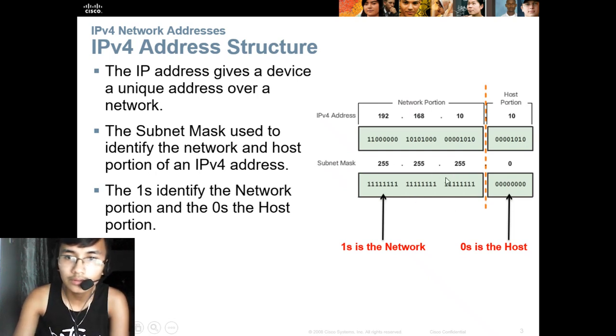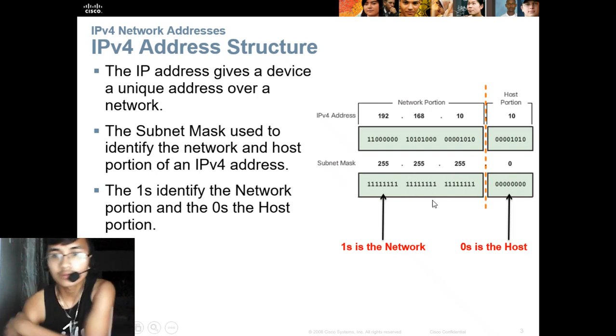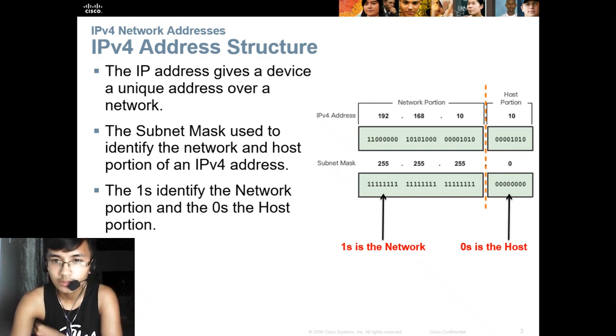The first three octets with ones are the network portion, while the zeros at the end, the fourth value of the address, is the host portion.